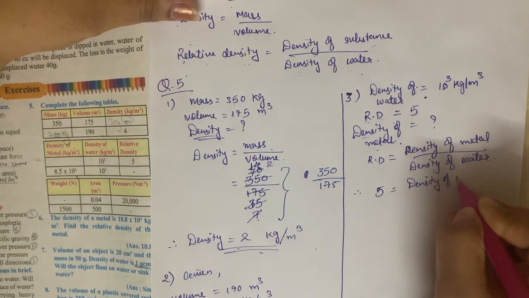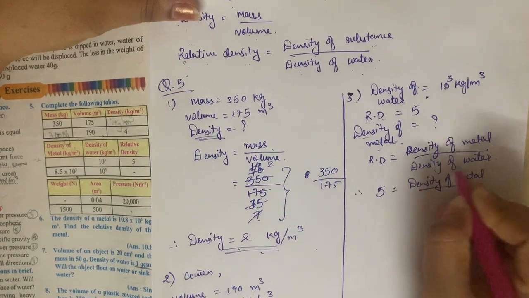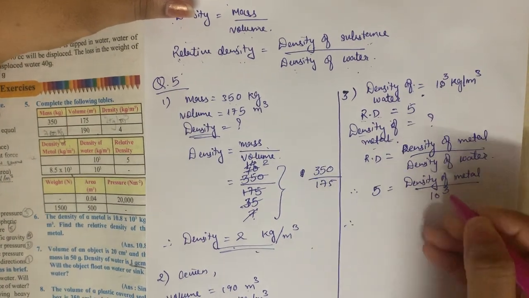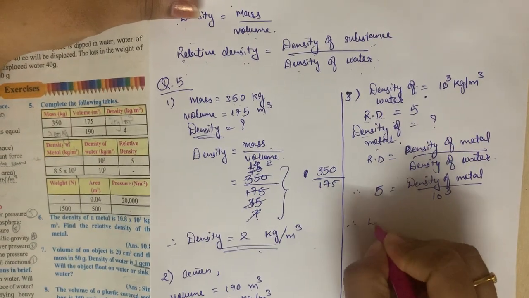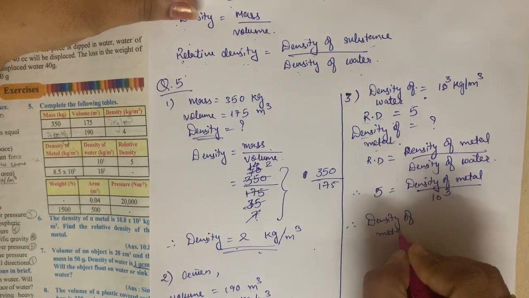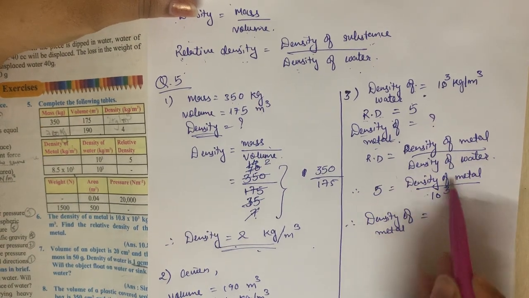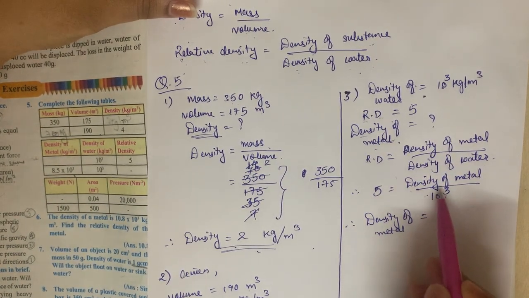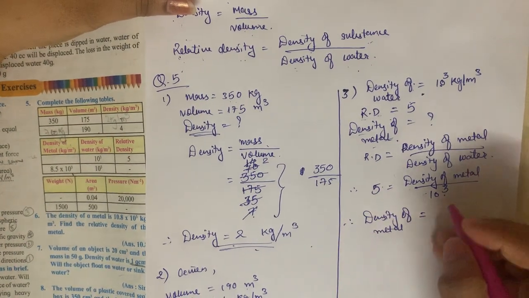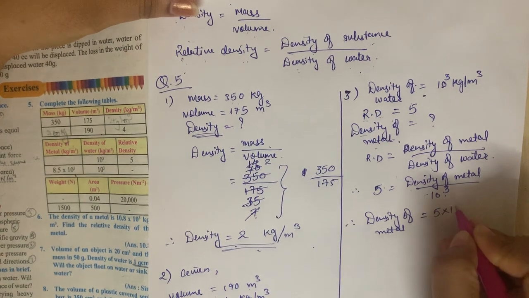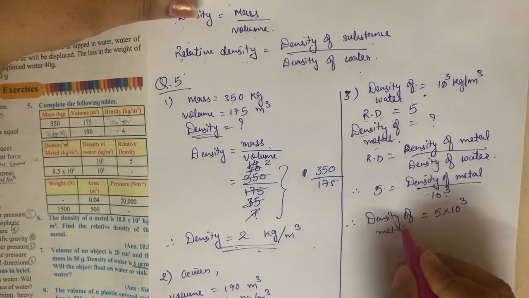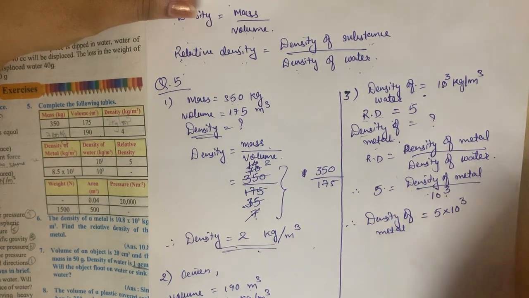So just write down as it is, and density of water, that is given 10 raised to 3. So just make density of metal the subject. So density of metal is equal to, when you are taking 10 raised to 3, it is in the denominator. When you are taking it to the other side, what will become? It will go in the numerator, also in product. So 5 into 10 raised to 3. Like this way you will be getting. Is it clear? So density of metal is equal to 5 into 10 raised to 3.